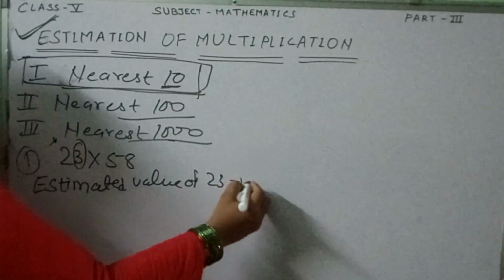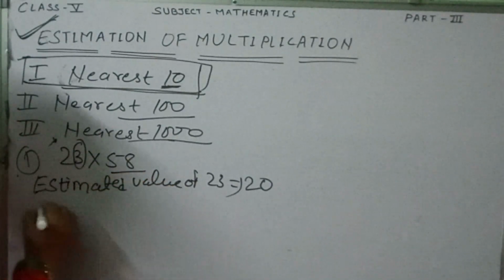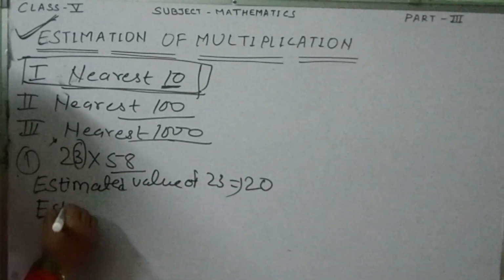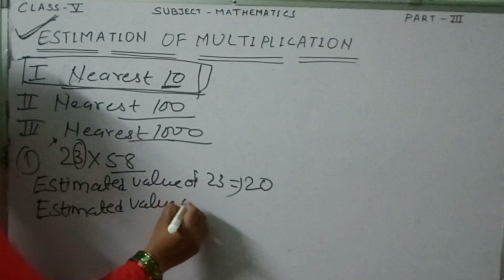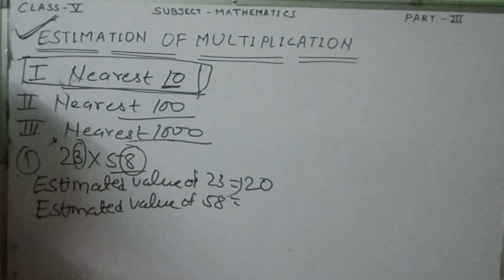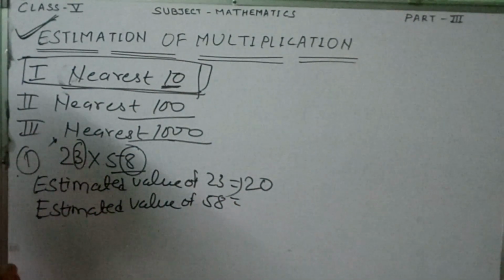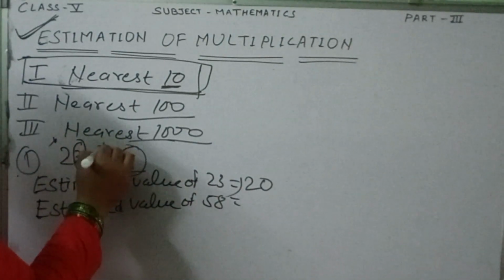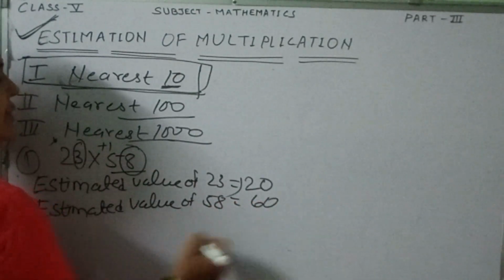It will stay as it is: we write 2 and here 0. Now the next number is 58. What is the estimated value? See, compare the number. The ones digit is 8, and 8 is greater than 5. So what do we have to do? Plus 1: 5 plus 1 is 6, and this one will be 0.